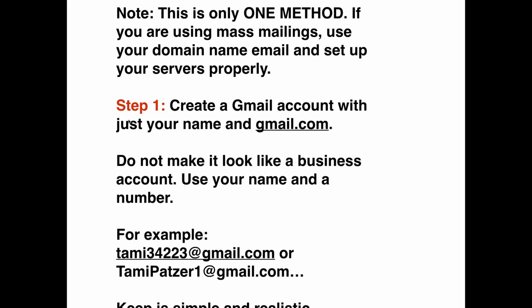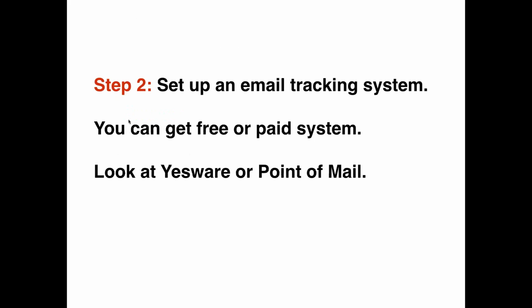So the idea is that you are creating a personal type Gmail account that you're going to use to talk to people, because if you notice in emails, if someone's name shows up in the line when you're reading it and you recognize that name, the odds are you're going to open that as opposed to seeing something that you perceive as being somebody trying to sell you something. So that's step one. Create a simple Gmail account.